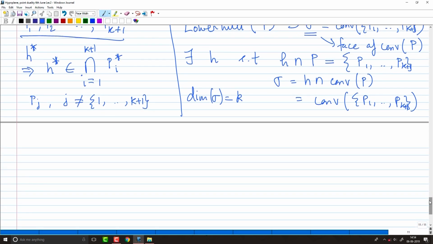So again, let us try to see it from this side. See, one side of H.